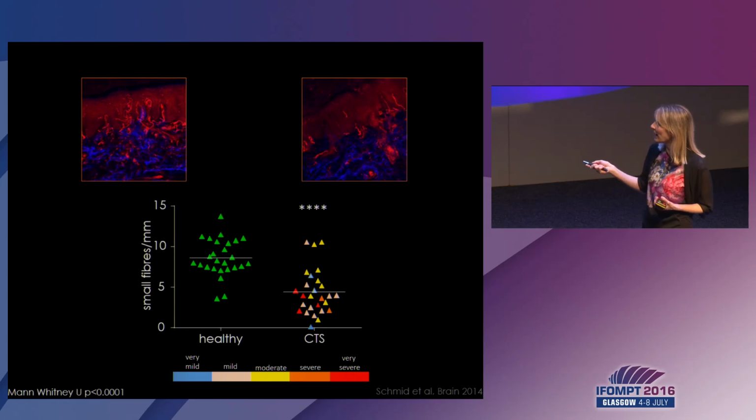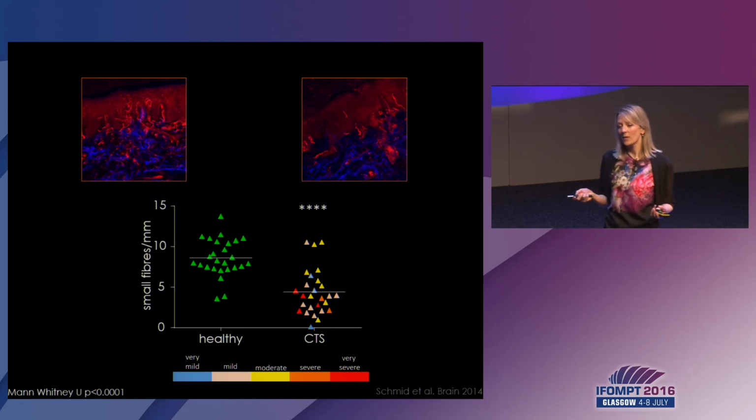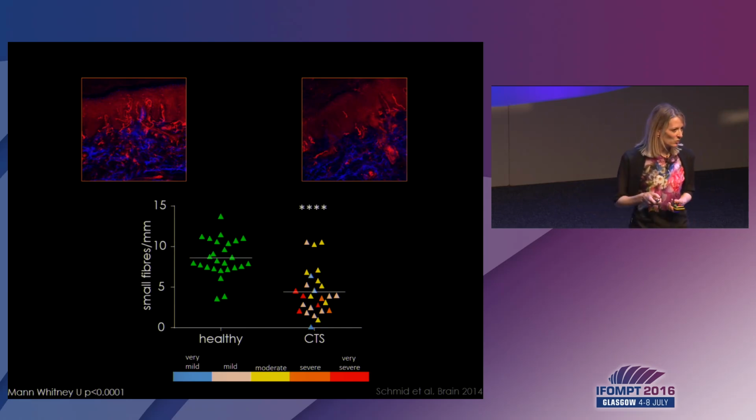And I would like to highlight that this was completely independent of the electrodiagnostic test result. For example, there was one patient with a very mild electrodiagnostic carpal tunnel syndrome, but he had almost no small fibers left in his skin. And that is not surprising, because electrodiagnostic tests purely test the large fibers and do not say anything at all about what happens to the small fiber population.